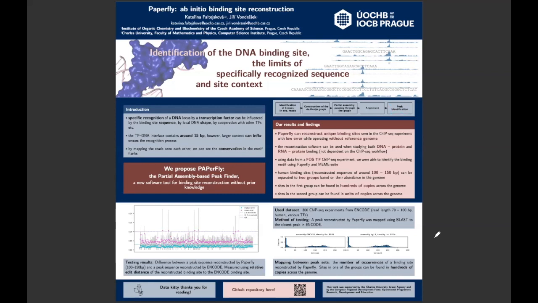We have tested our programs on 300 ChIP-seq experiments from the ENCODE on human transcription factors with read lengths from 70 to 100 base pairs. We have reconstructed peaks with Paperfly and then mapped them to their closest image in the ENCODE. We measured our error as relative edit distance of the reconstructed binding site to the ENCODE binding site.